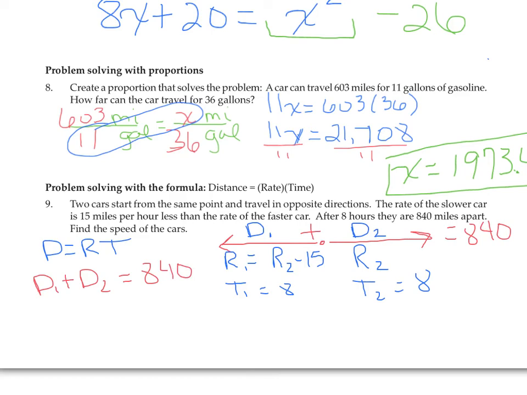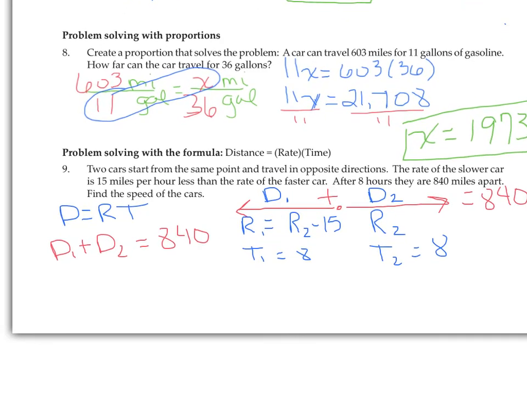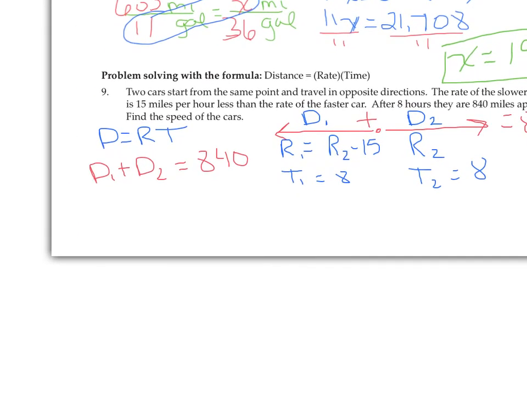And then I'm going to start substituting rate and time in there, because we know that distance equals rate times time. Instead of saying distance 1, I can say rate 1 times time 1, because that's the same as distance 1. And then I can say rate 2 times time 2, because that's the same as distance 2, equals 840.